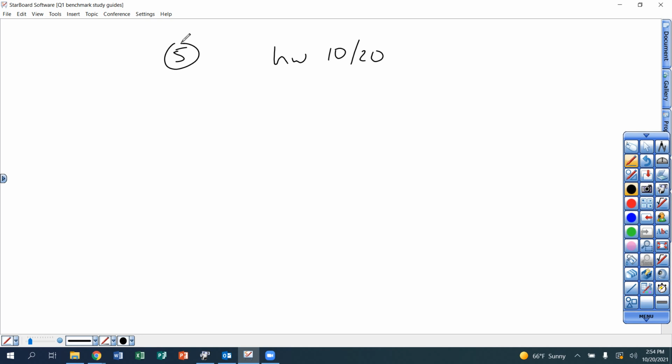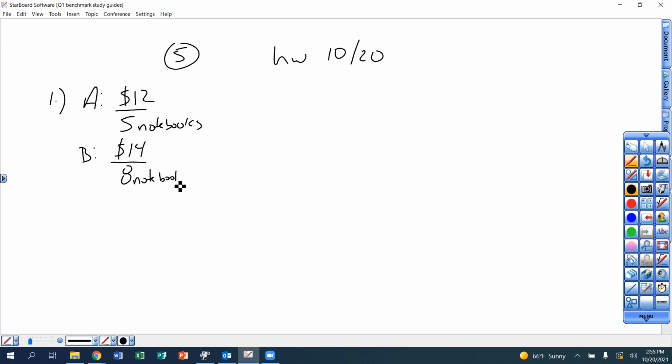Problem number 1 has you take 2 unit rates and compare. So I have $12 for every 5 notebooks. I have store B, that is $14 for every 8 notebooks.